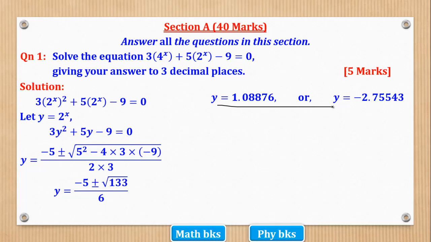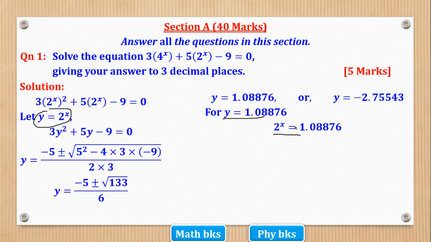But this is not the final answer, because the question was asking for x. So after getting the values of y, I remember that y is equal to 2 to power x. So for y equal to this, 2 to power x will be that.